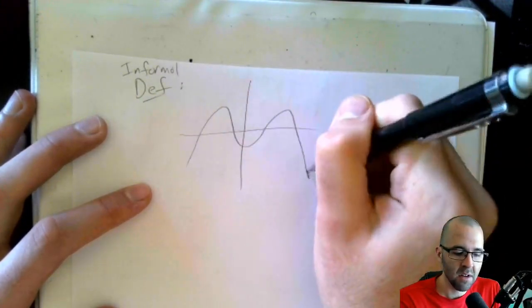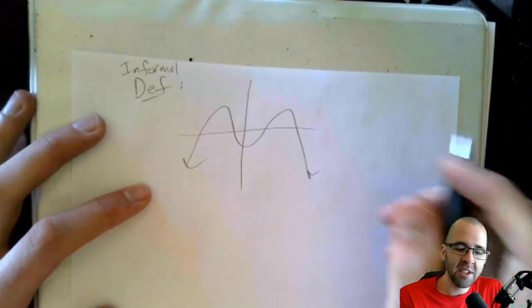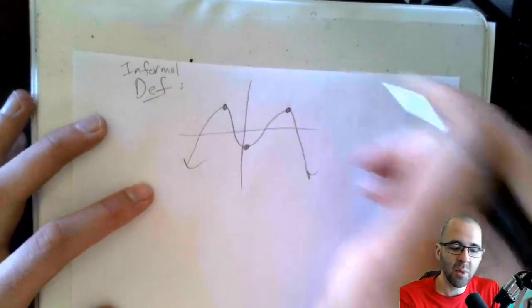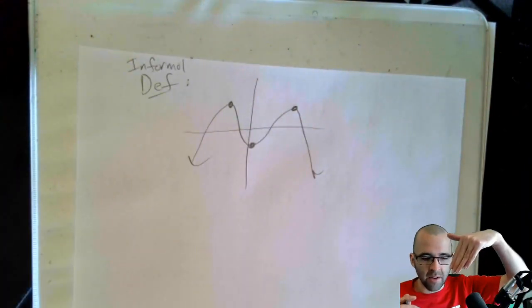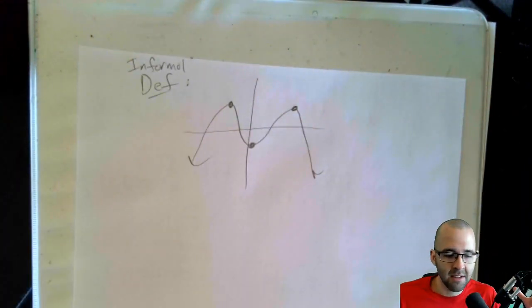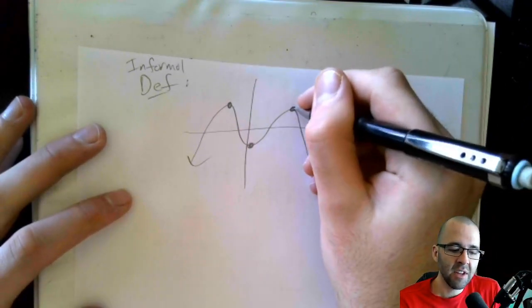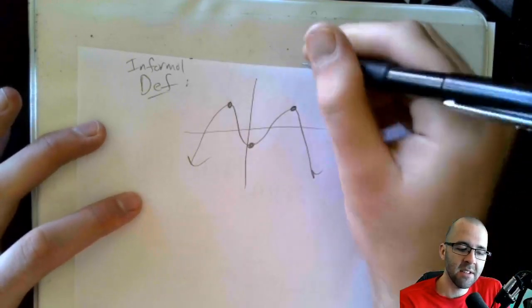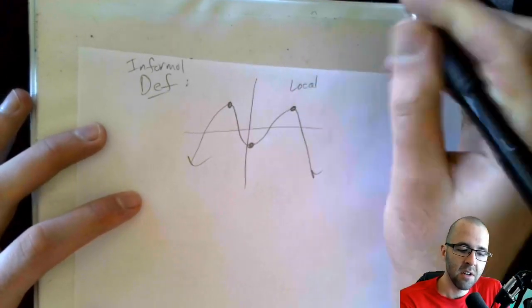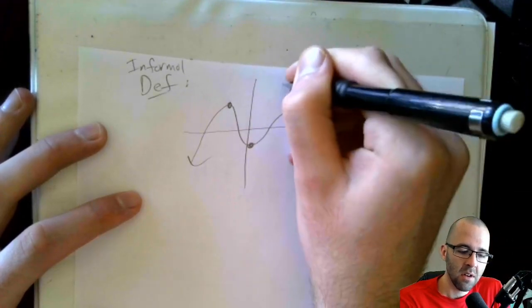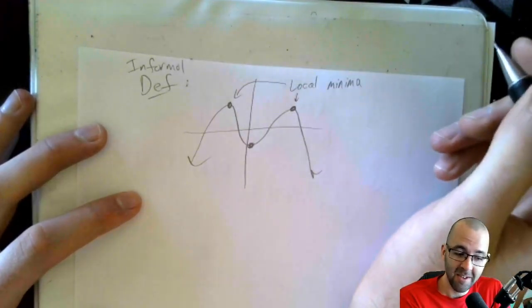If we have some kind of polynomial, we said the turning points are right here, and right here, just where it turns from going up to going down, the hills and the valleys. We also have a different name for the hills as we do for the valleys. So these are called local minima. The plural of minimum, apparently.